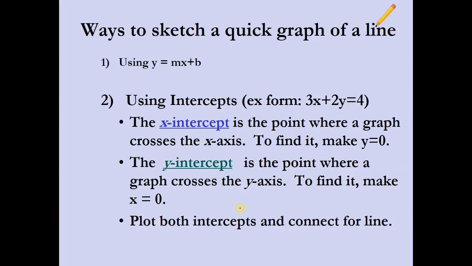So if you want to find the x-intercept, you need to make y equal to 0. I know it's kind of backwards, but keep it straight in your mind. If I want to find where it crosses the x-axis at a number, your y is going to be 0. Y-intercept, same thing. It's where you cross the y-axis. To find that, you plug 0 in for x. You plot those two intercepts and away you go. You connect for your line.